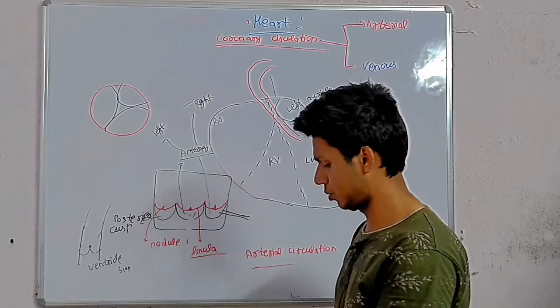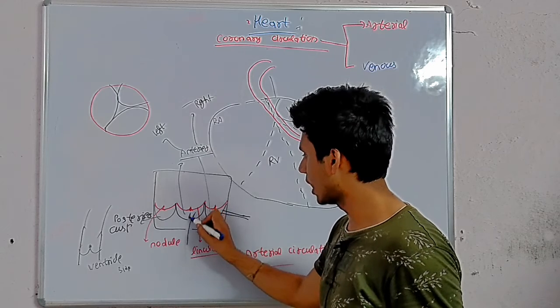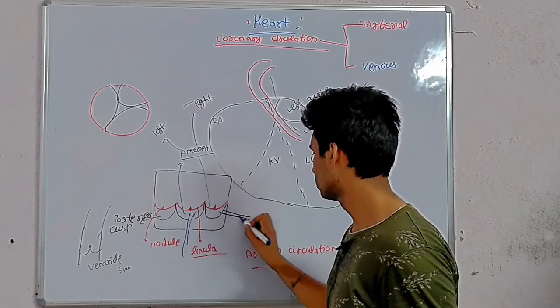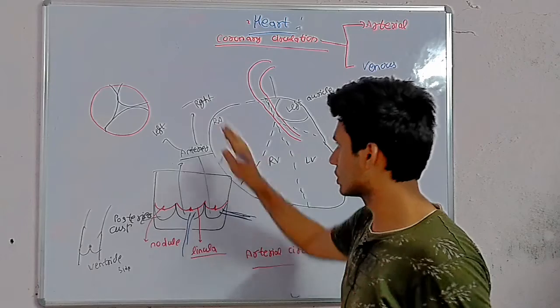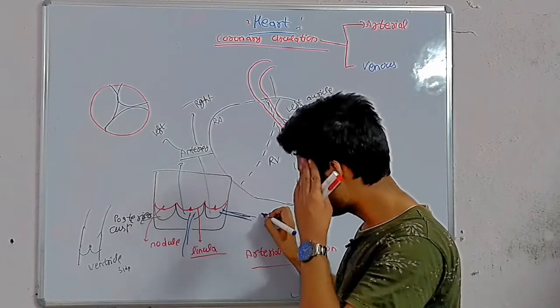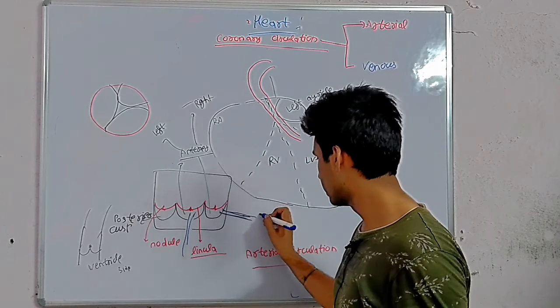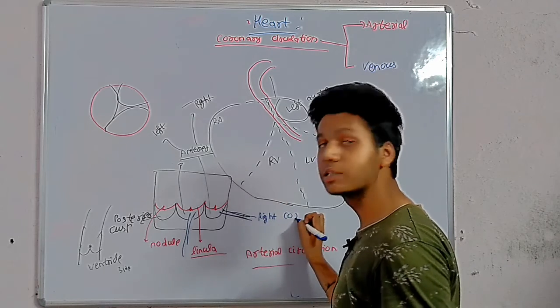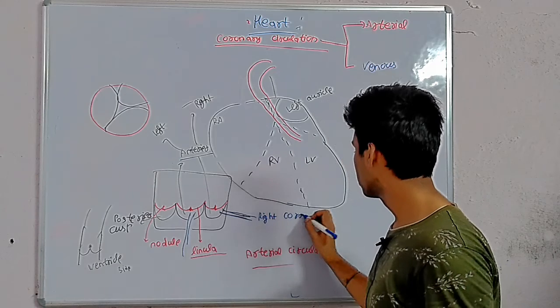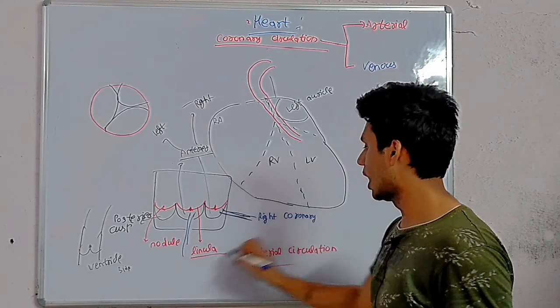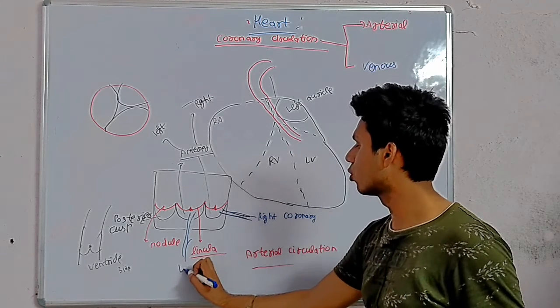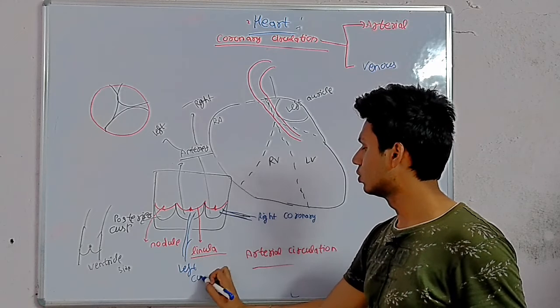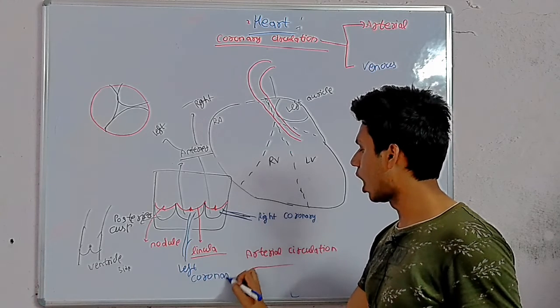Remember, they arise from the cusps, the right and left cusp. From the right, this is the right coronary artery, which supplies the right side of the heart. And this is the left coronary artery.